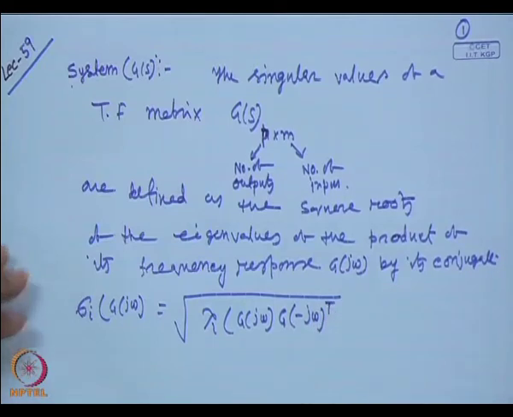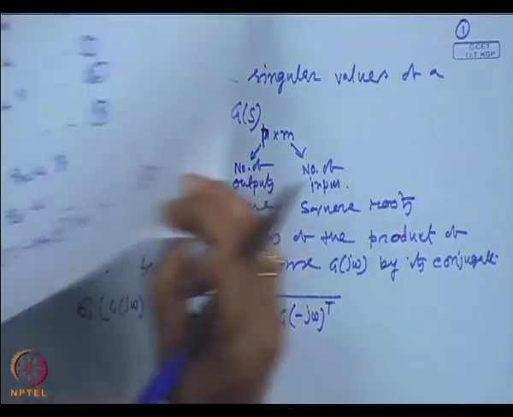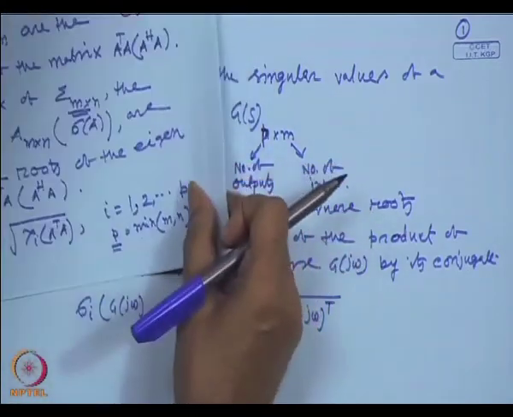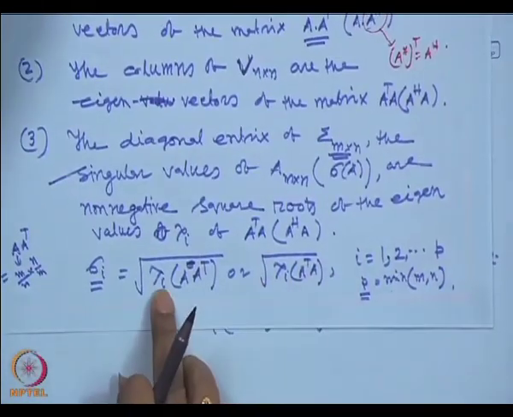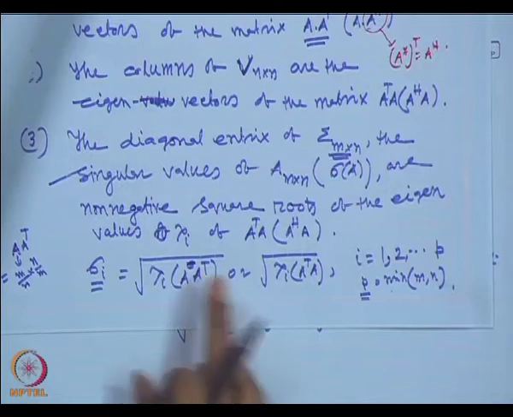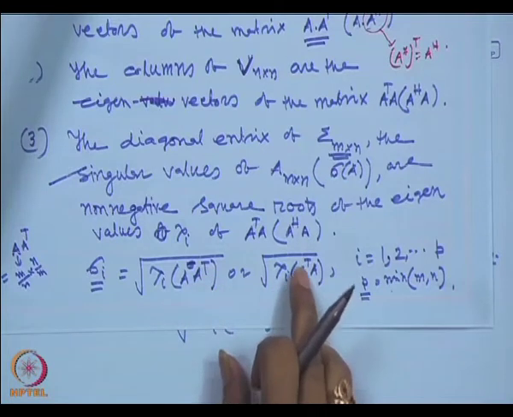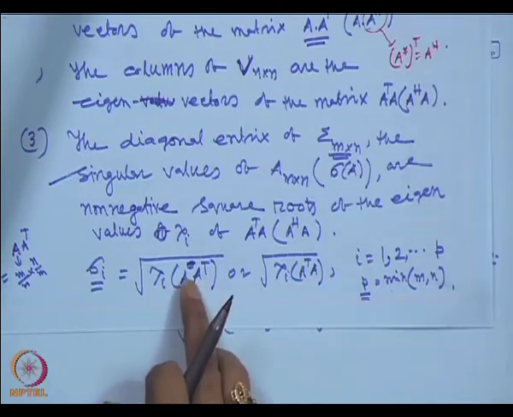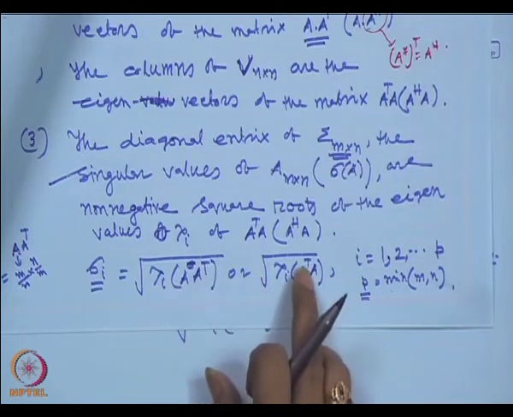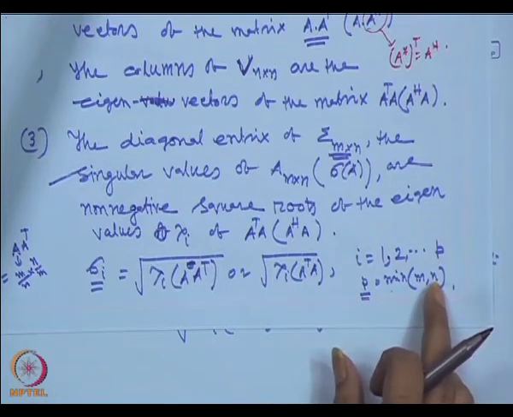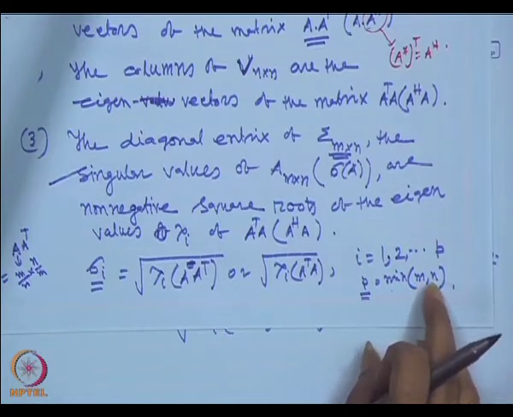If we recollect, for a real matrix we also have sigma i, and to compute the singular values we take lambda i of A A transpose, or lambda i of A transpose A. It depends on whether it is A A transpose or A transpose A, depending on the minimum of m, n.